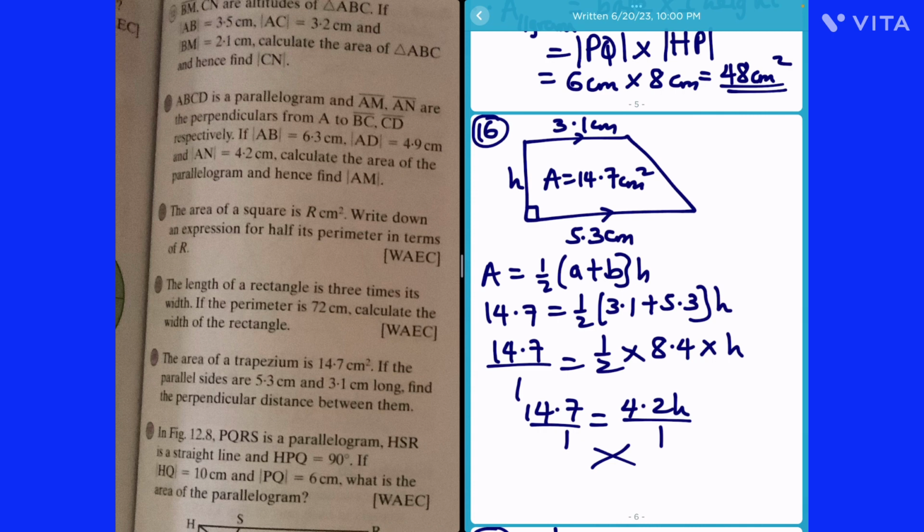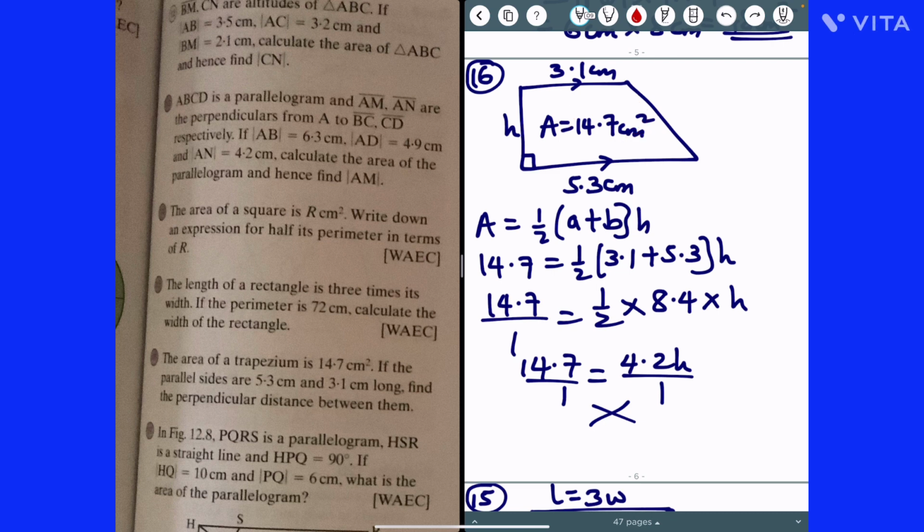16 says the area of a trapezium is 14.7 centimeters squared. If the parallel sides are 5.3 and 3.1, find the perpendicular distance between them. This was similar to a question we answered. Area is 14.7. Parallel sides are A and B. Half open bracket, A plus B, is area. So equate your expression here to 14.7. And 3.1 plus 5.3 will give you 8.4.